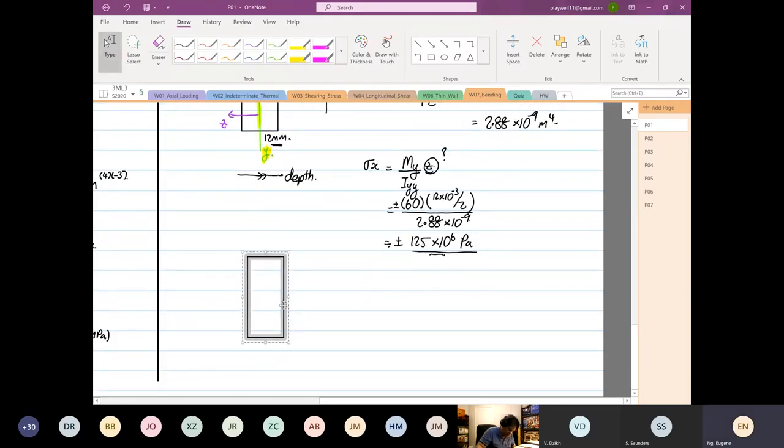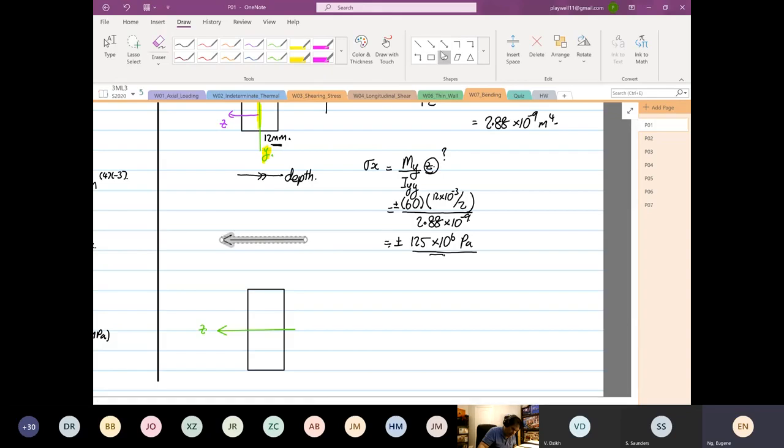Okay, so what does this actually mean? So based on our transformation, I'm going to draw. This is our z, right?